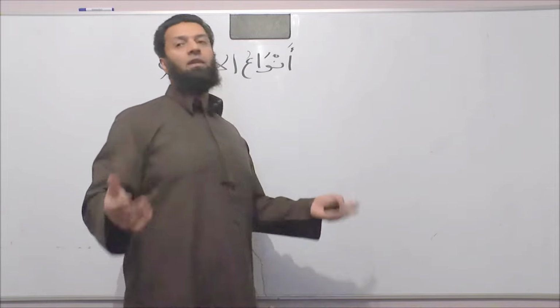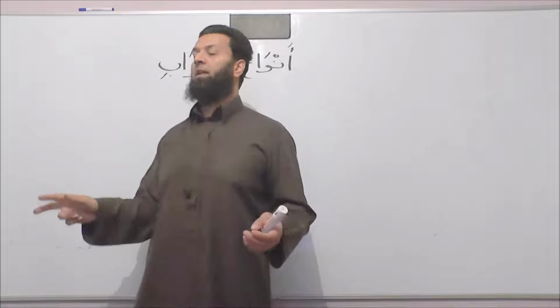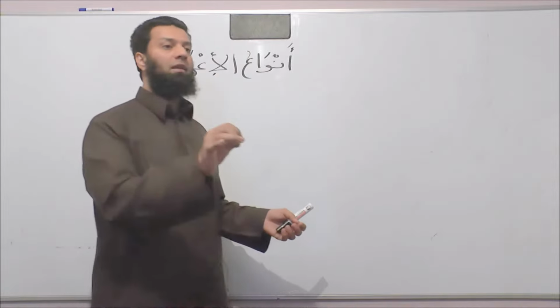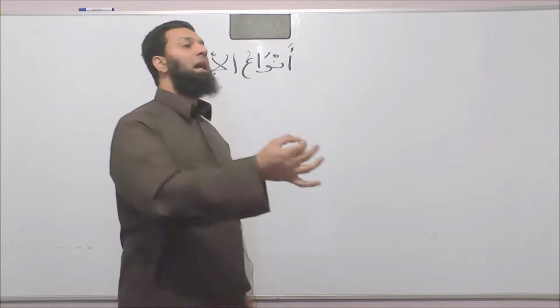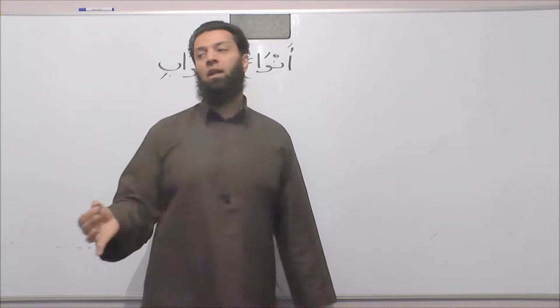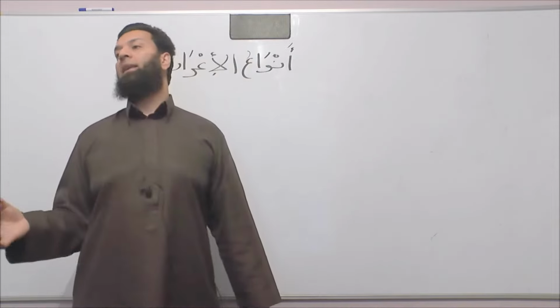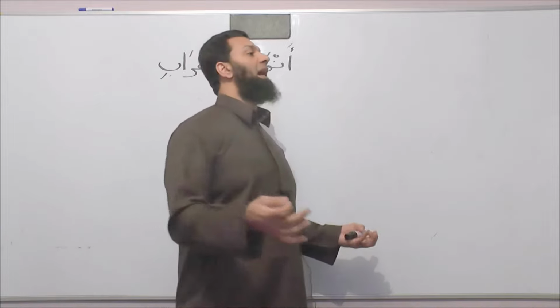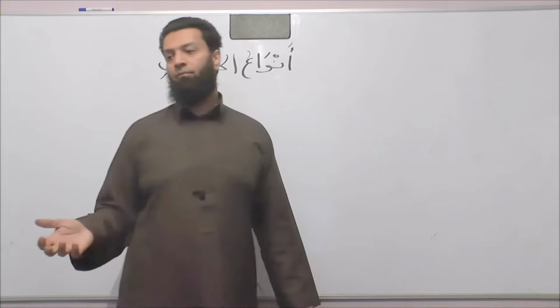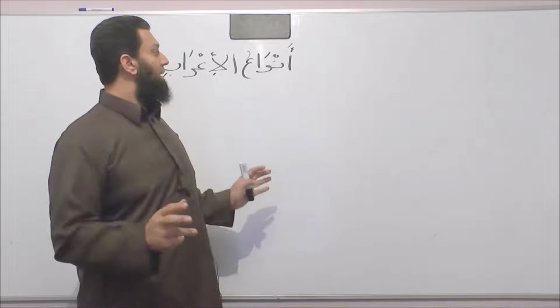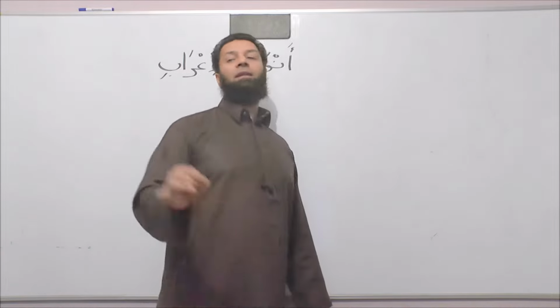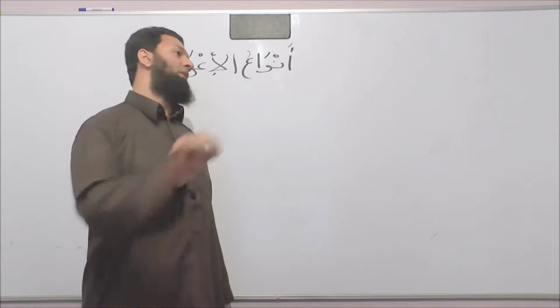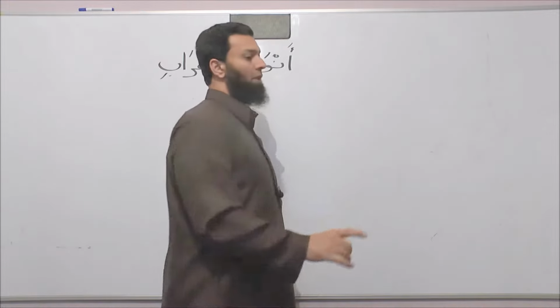You may have heard me mentioning, particularly when we're analyzing a statement, the phrase في محل رفع or في محل نصب or في محل جر. That is a type of al-i'rab that we have not spoken about specifically. Right?